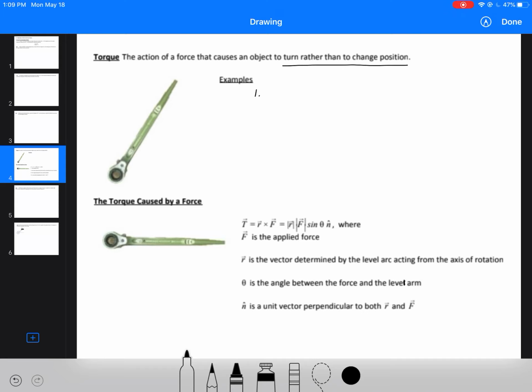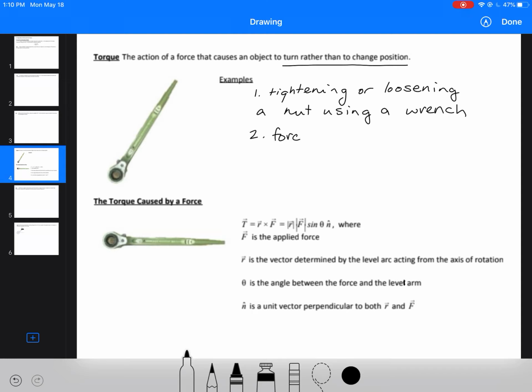Some examples, you might be able to think of these, but tightening or loosening a nut using a wrench. There's a tool called a torque wrench.